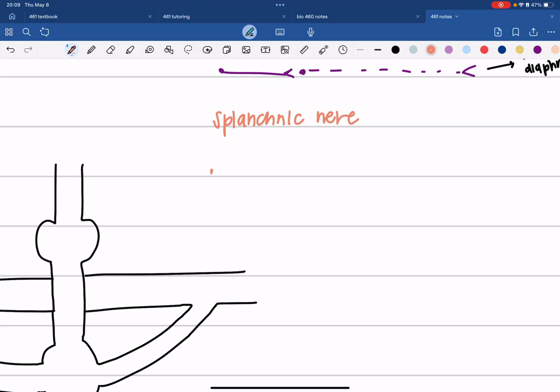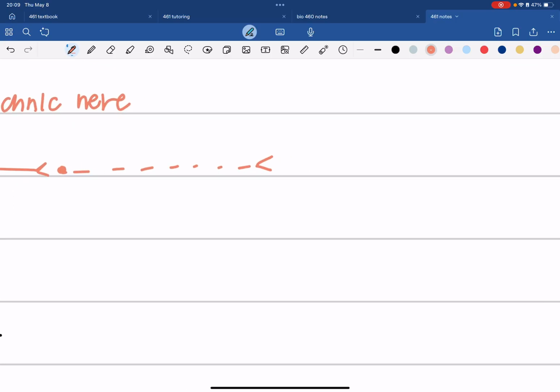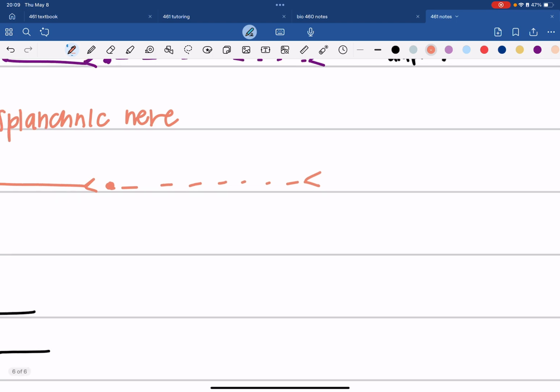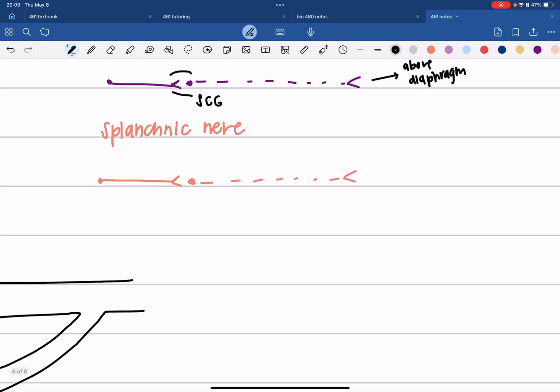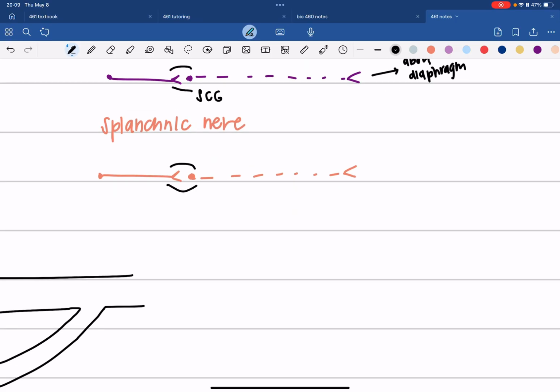And this one's still going to have that short and long, but this one's still synapsing in the sympathetic chain ganglion. But now this one went past the sympathetic chain ganglion, it went through it, but it's going to be synapsing in what we call the collateral ganglia.